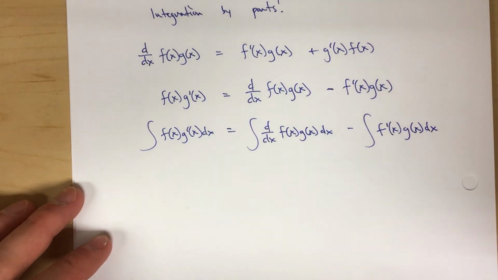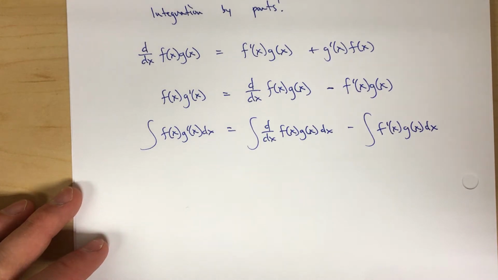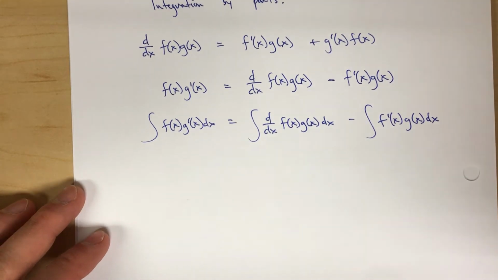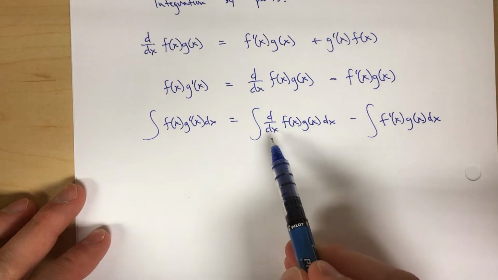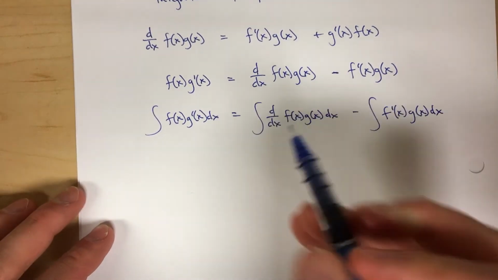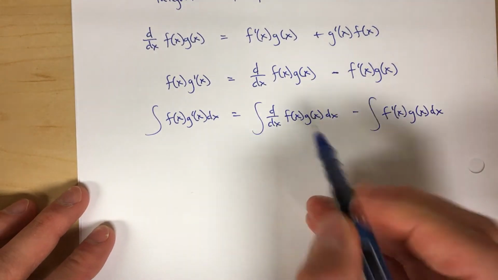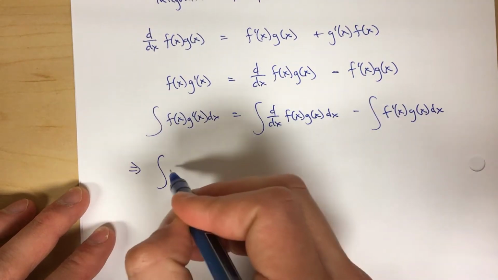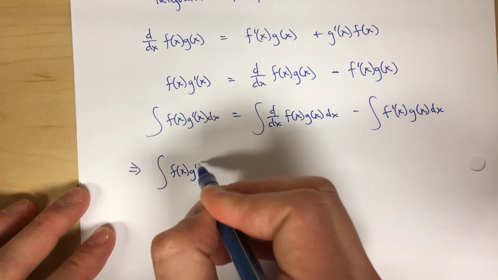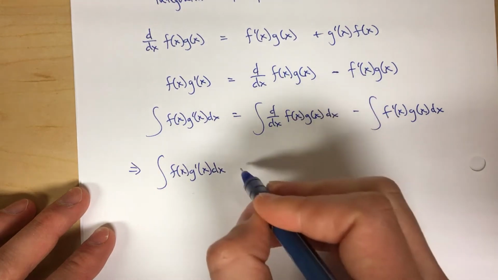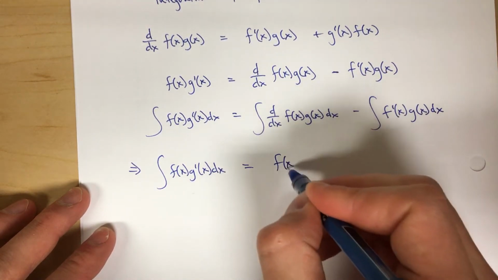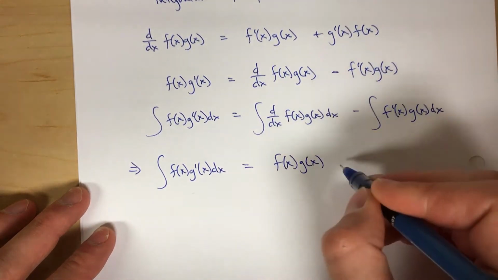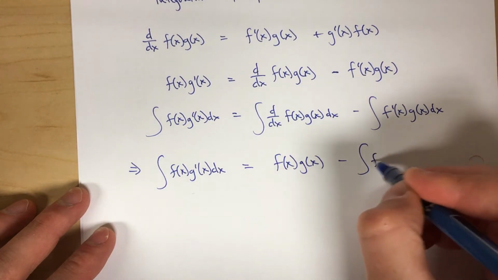I'm just anti-differentiating each thing. But this right here, the antiderivative of the derivative of fg, is simply fg.